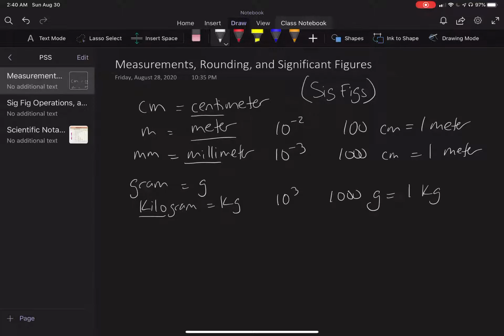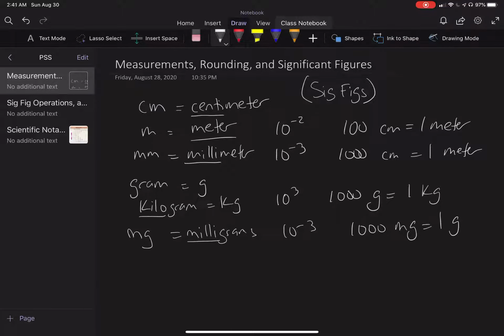These are the two most common mass measurements that we'll use, grams in particular. We could use milligrams, where the lowercase m in front is the milli, and again, milli is 10 to the negative 3. So that would tell us that there's 1,000 milligrams in 1 gram. We might use that one as well.